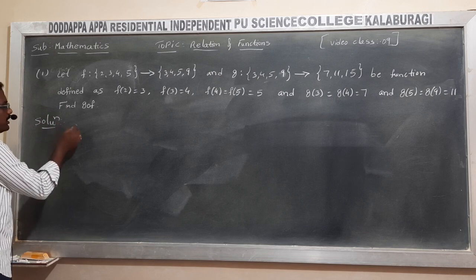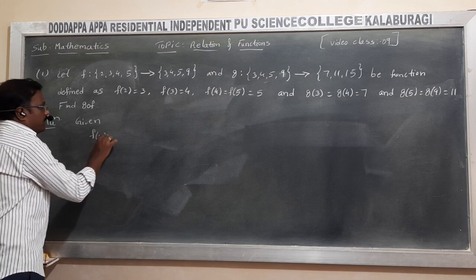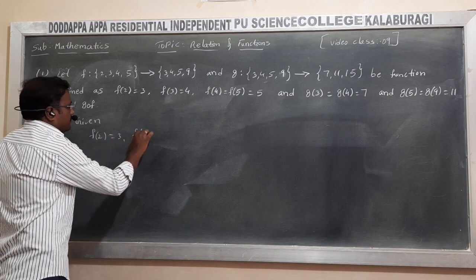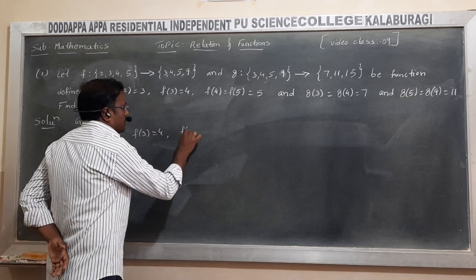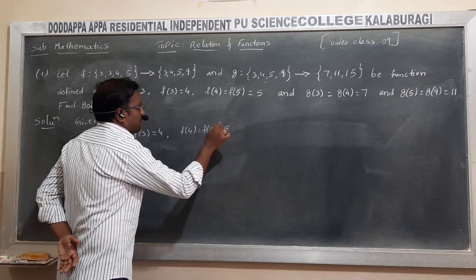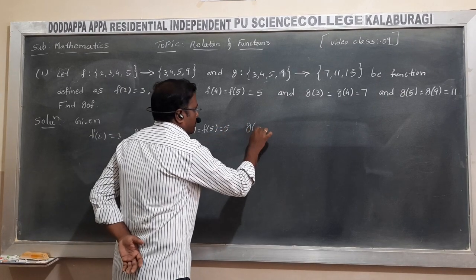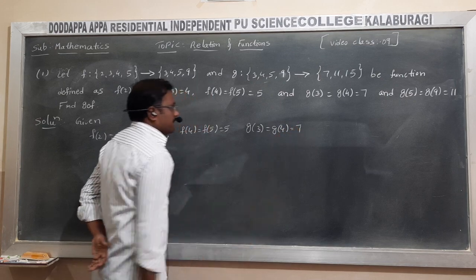Okay. So first of all you have to write the given values. F of 2 equal to 3 is given. F of 3 equal to 4 is given. Next, f of 4 equal to f of 5 equal to 5 is given. Next, g of 3 equal to g of 4 equal to 7 is given.